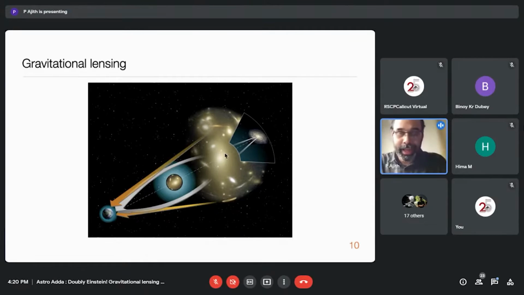And this means that the light from the distant galaxy can reach Earth through different paths. And eventually it can produce multiple images of this background galaxy. And this is called gravitational strong lensing, if multiple images exist.